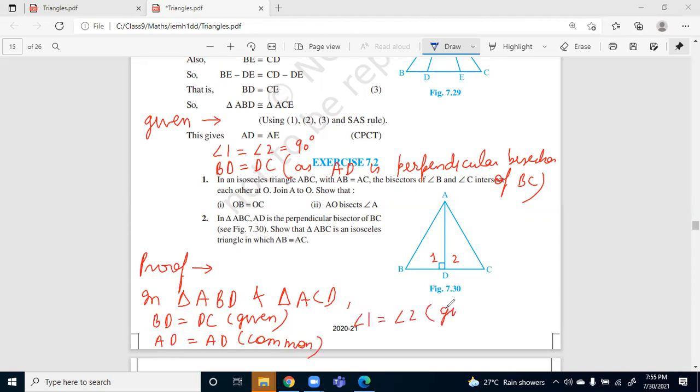This is also given. So we can write by side, angle, side. By SAS criteria, these two triangles are congruent. Triangle ADB is congruent to triangle ADC. Okay, so these two triangles are congruent by SAS criteria.